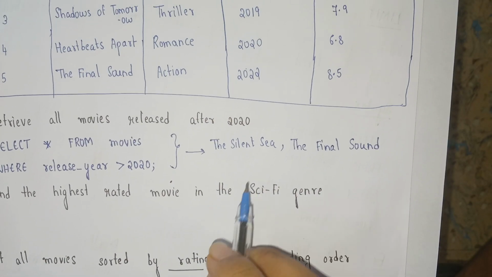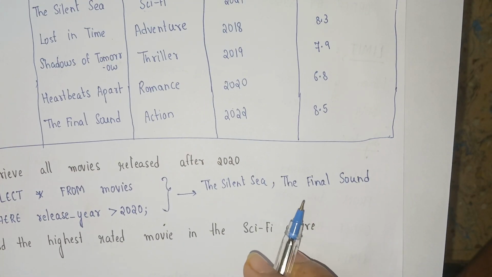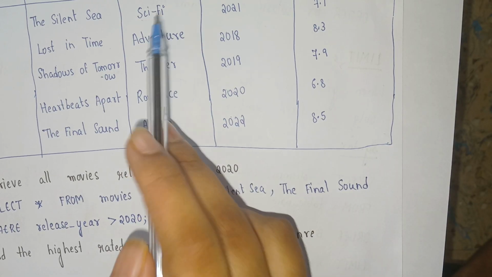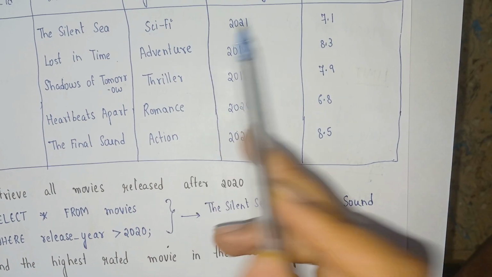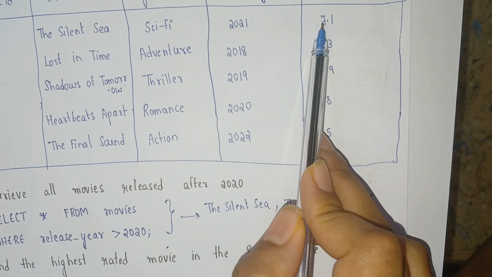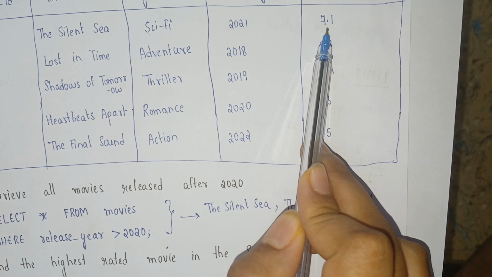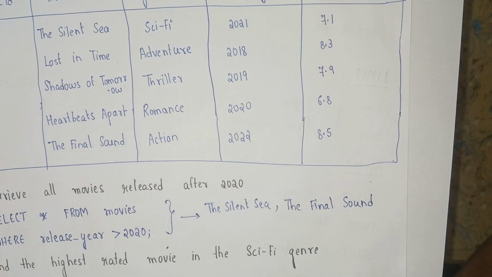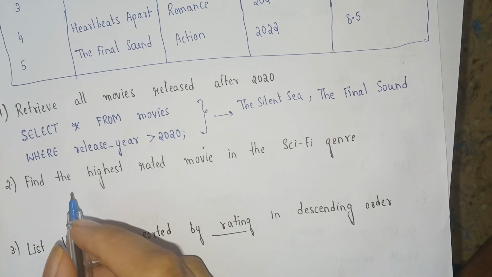So then you have to select from movies where genre equal to sci-fi, order by rating descending and make it limit 1 so that we will fetch the top highest rated movie.